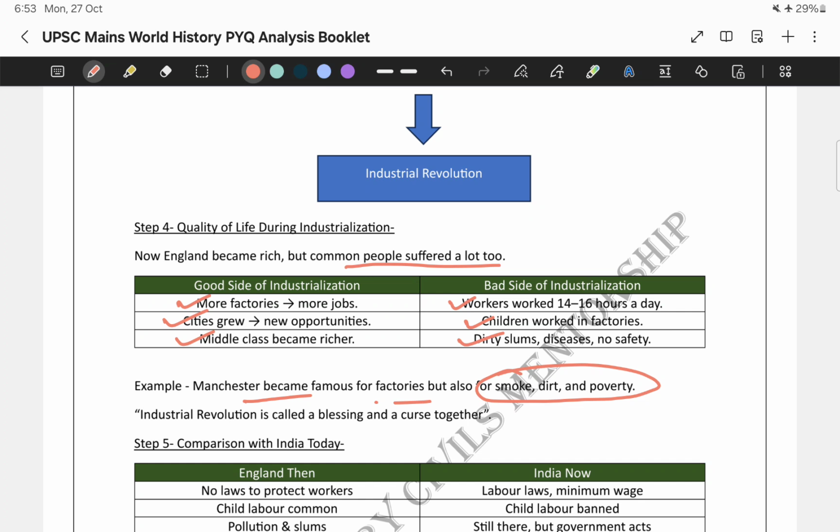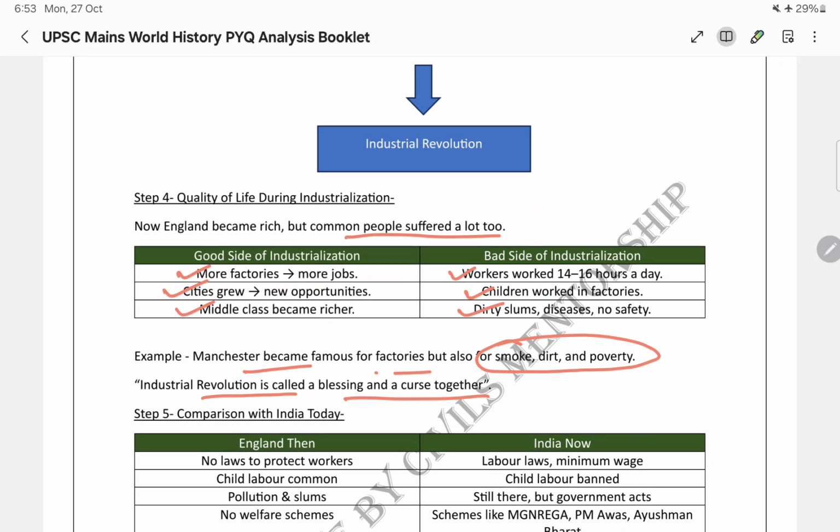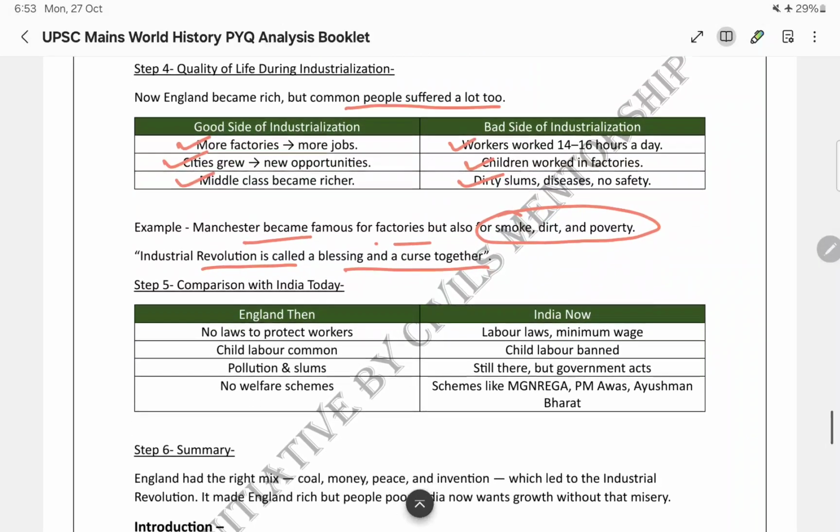But at the other end, these were the negative impacts. That's why the Industrial Revolution is often called a blessing and a curse together. Though England's economy grew, the people paid a heavy price.